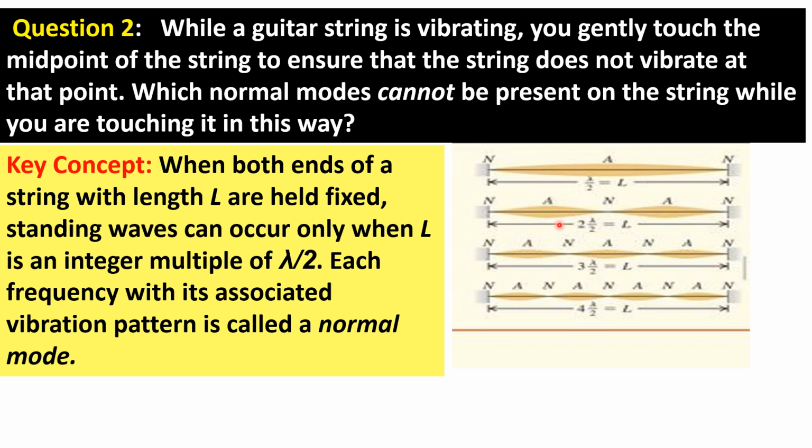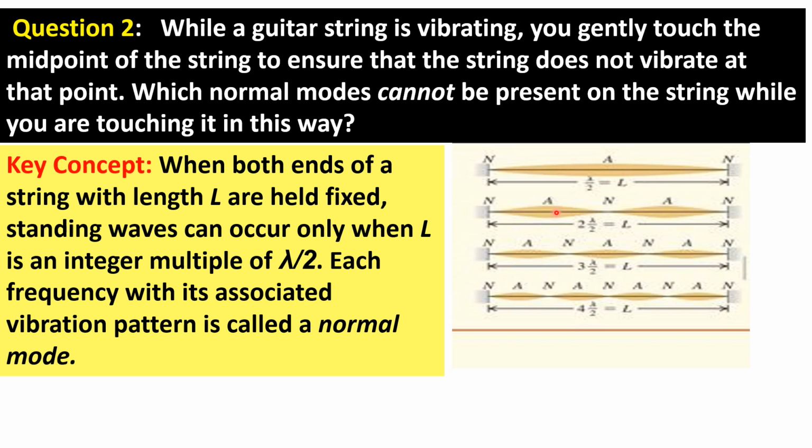So each of these patterns is what we call a normal mode. The simplest type of mode is the case when there's only one antinode. The midpoint of the two nodes is an antinode, and that corresponds to 1/2 lambda being equal to the length of the string.